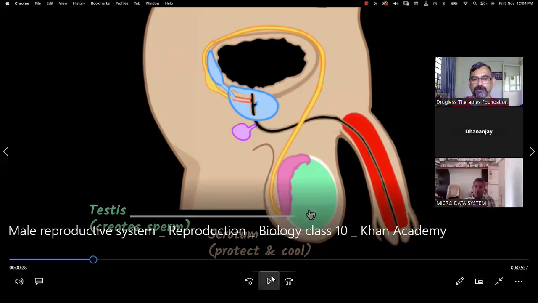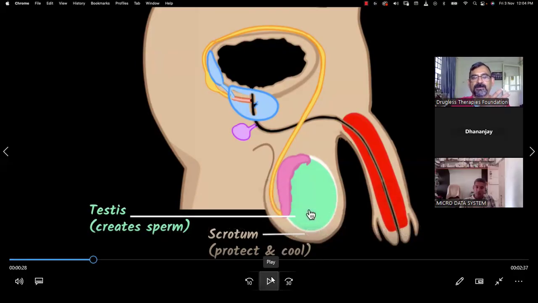Yes. So the scrotum is made to hang because it needs a cooler atmosphere for producing the sperms.